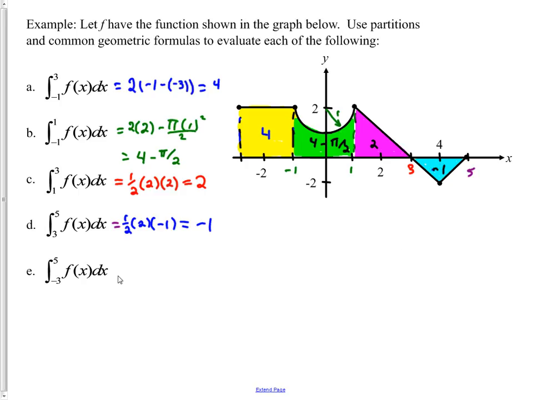So putting these together right here, it looks like we're going to say 4 plus 4 minus pi over 2 plus 2 plus -1. And it looks like that has got to be 8, 10, 9, 9 minus pi over 2. And so we would call this our total area under the curve.